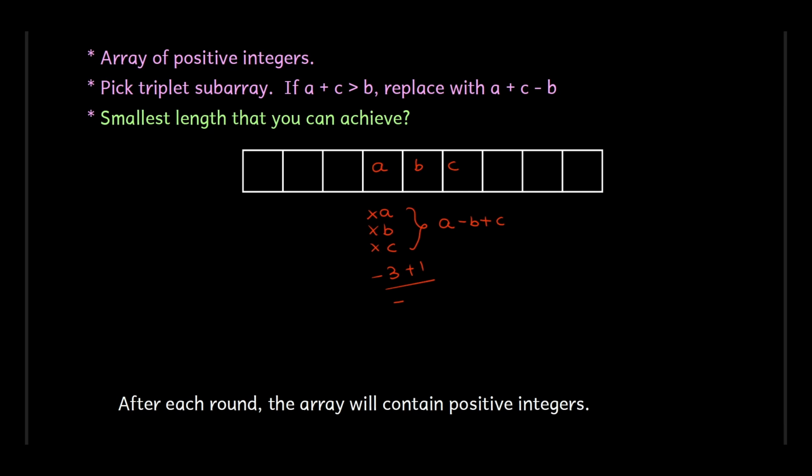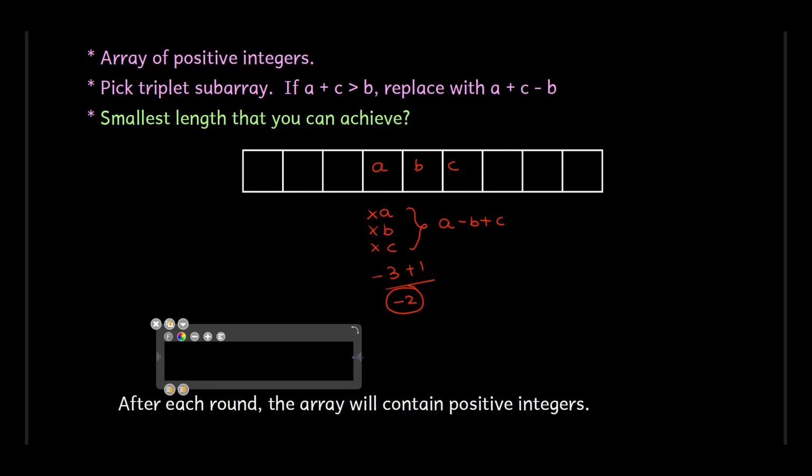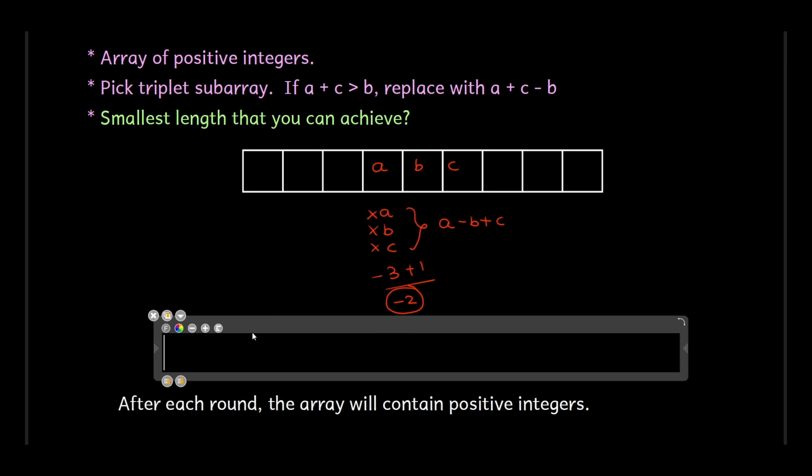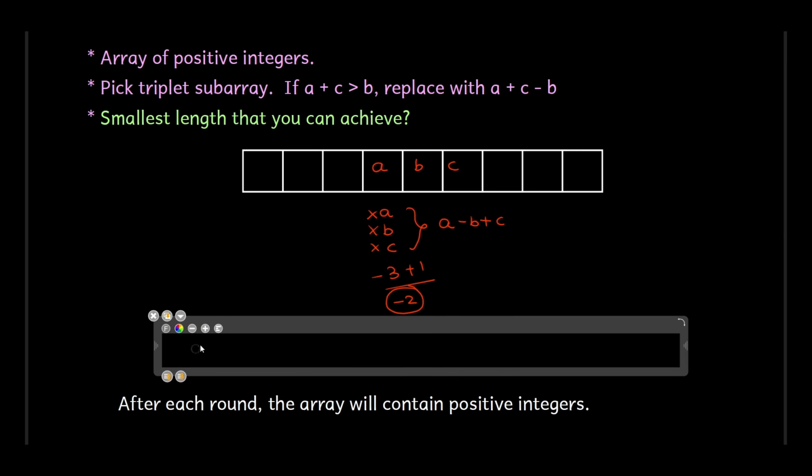So this means the length will decrease by exactly 2 in each operation. So the second observation that we can make is that if you start out with length L, then the length of the array decreases by 2 after each round.